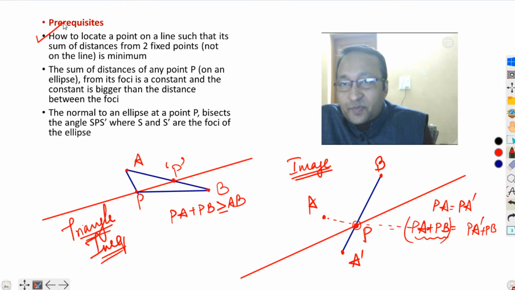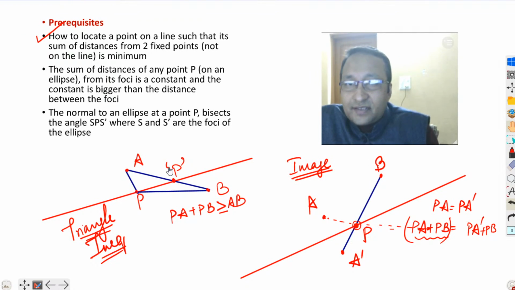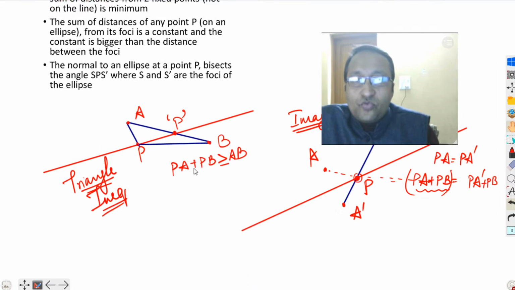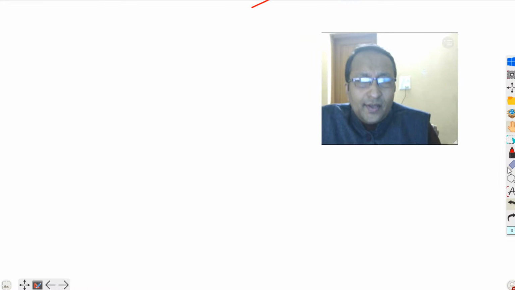So the first prerequisite that you are supposed to know is now done. Let us look into the second one. The second one says the sum of distances of a point on an ellipse from two fixed points is constant.